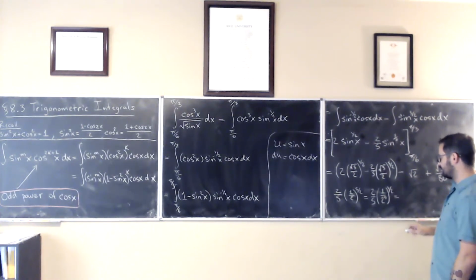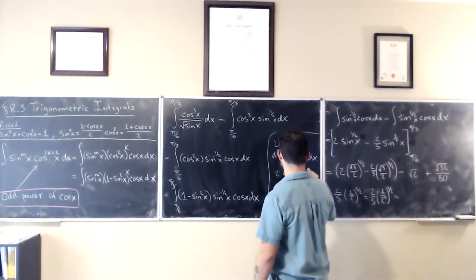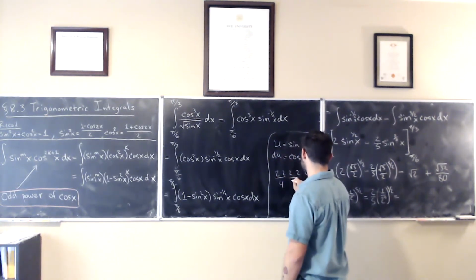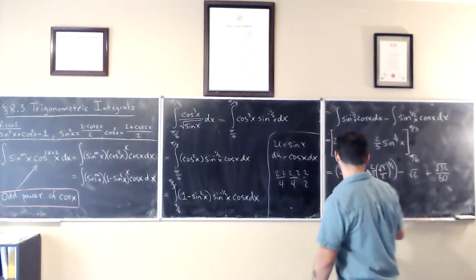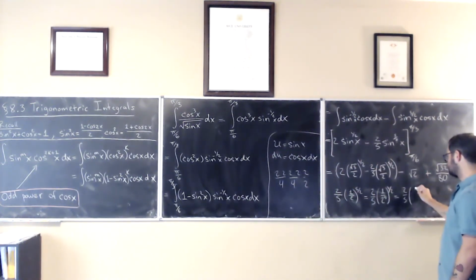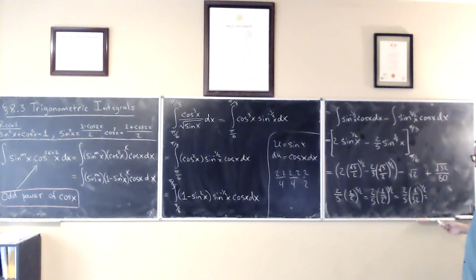And 2 to the power 5 is, 4 times 2, so 16 times 2 is 32. Half equals 2 over 5 times 1 over root 32.